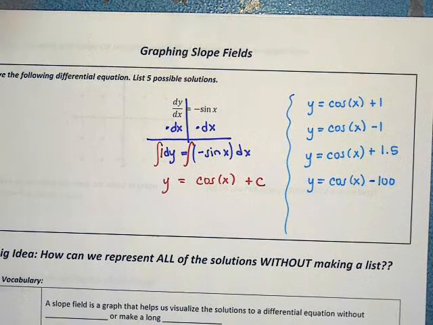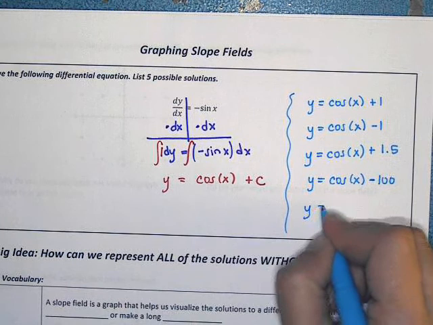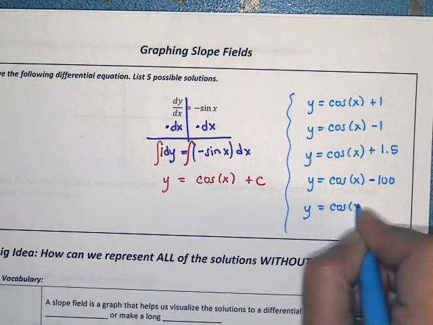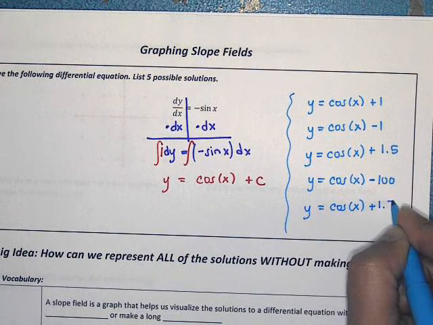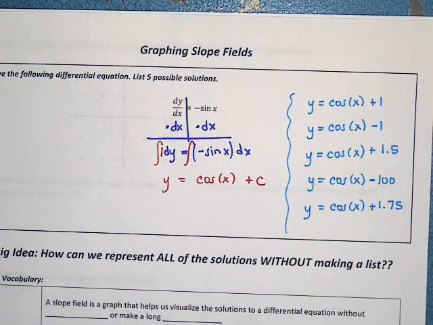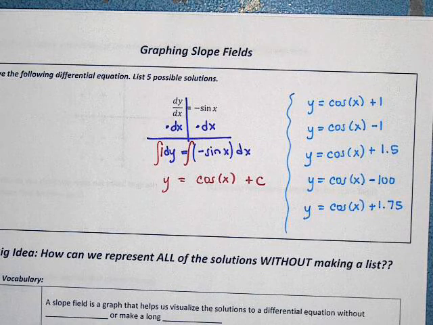That c value can change, and it could be determined by our initial value, but we don't have that here, so it could really be any constant. We could also do y equals cosine of x plus 1.75, as a fifth example. That's just 5 possible answers.